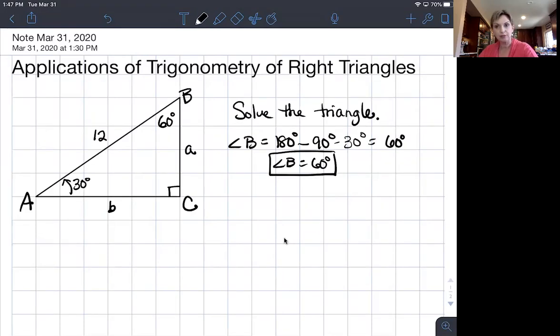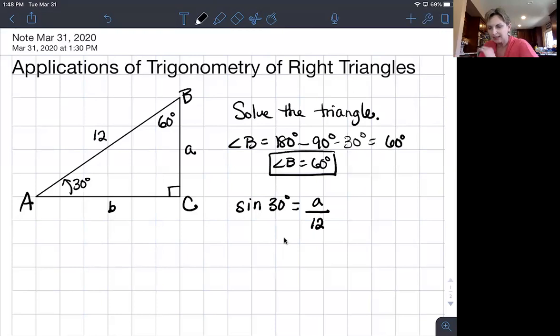Now we need to figure out side a and side b. And for that, we're going to use some of the trig that we've been working on the last few videos. Let's use that 30-degree angle we were given at the beginning. We know that the sine is opposite over hypotenuse. So the sine of 30 degrees is opposite, and opposite that 30-degree angle is a, and the hypotenuse for this one is 12. To solve for a, I just need to move that 12 over to the other side.